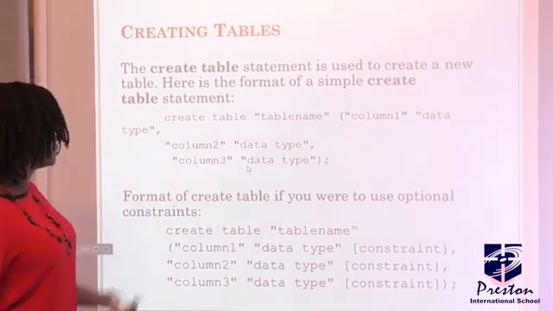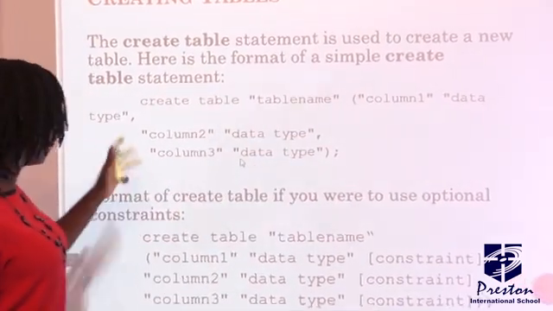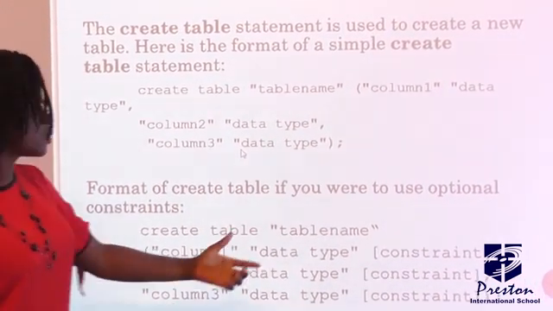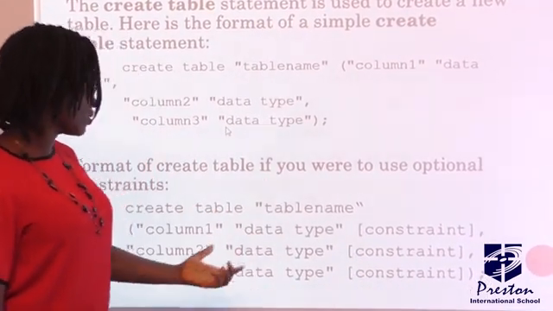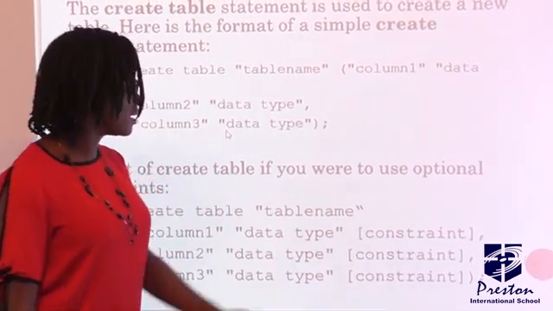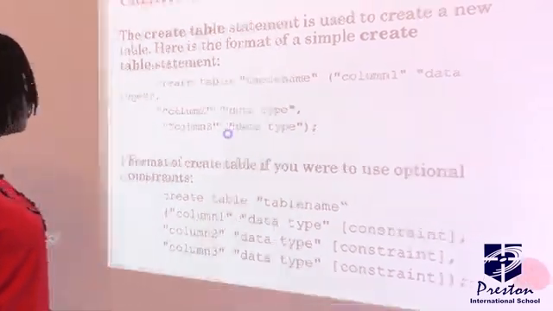So you just follow this syntax. Create table, you give the table name, the columns, depending on the number of columns you want. And this other part is where you can apply constraints. What do I mean by constraint? A particular field you want it to accept only letters, while another field you want to accept only pictures, and so on. So that's what we're talking about there.